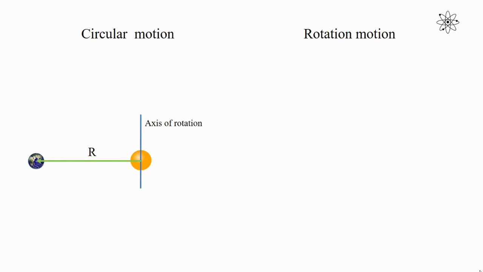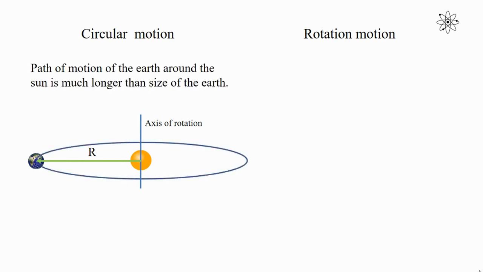We know, students, the distance between the sun and earth is very, very large. So when we compare the path of motion of the earth around the sun, which is much, much longer than the size of the earth, the earth acts as a point body during circular motion.